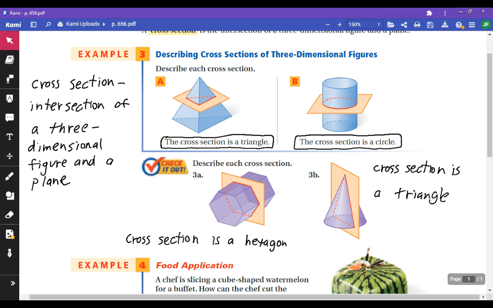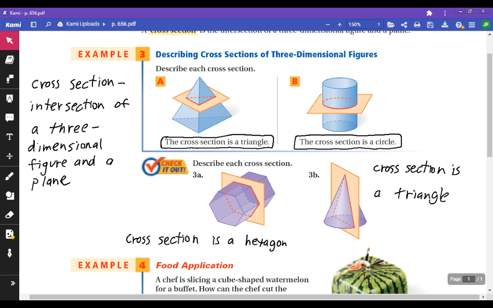So take a look at example 3A, you see a triangular pyramid. And if you took a cross section, that orange plane, and intersected that pyramid parallel to the base, you would see another triangle for the cross section, but it's smaller than the base. So it'd be similar, mathematically similar.